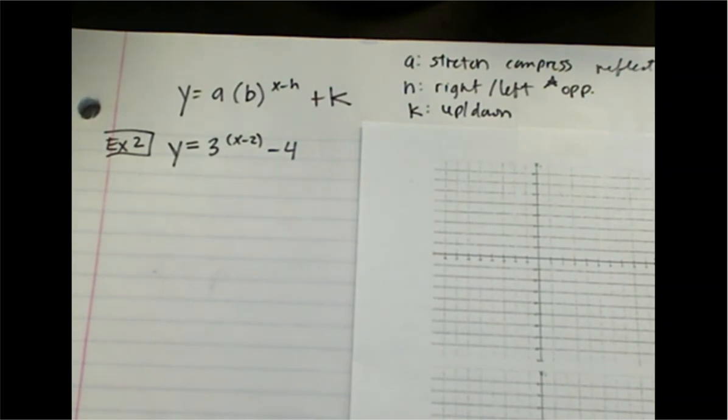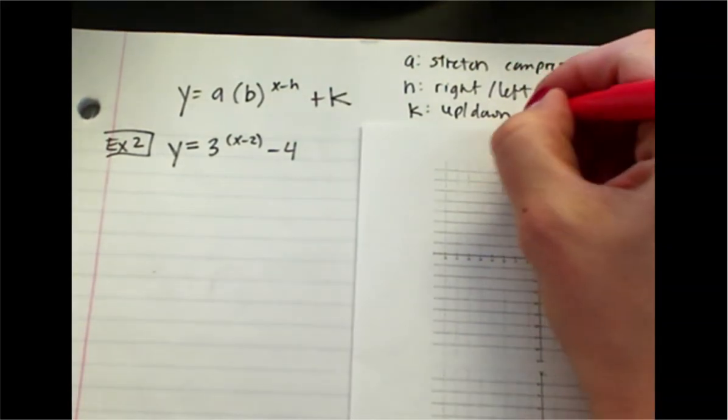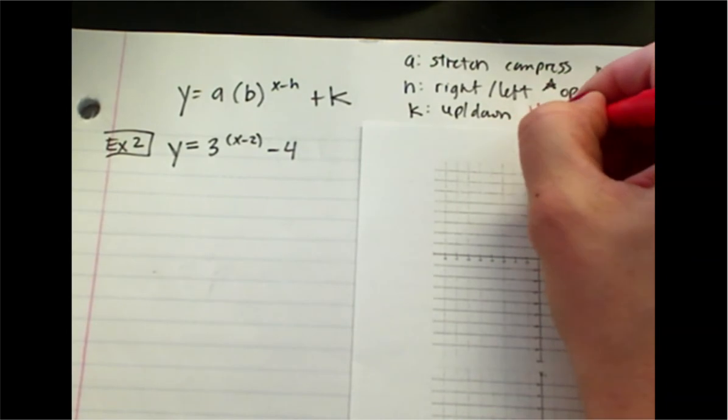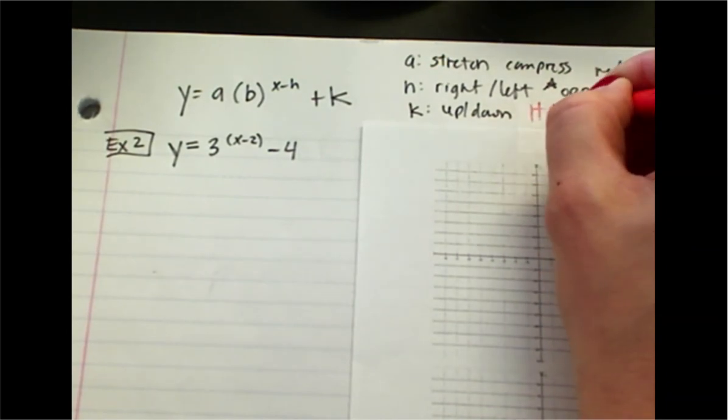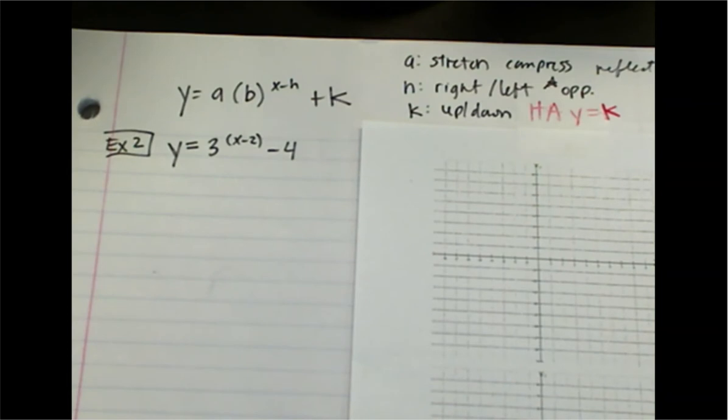It's actually your horizontal asymptote, and we'll look at how the transformations work and where that comes from. Now, there's one letter we haven't yet described, B. B is going to determine growth or decay shape.